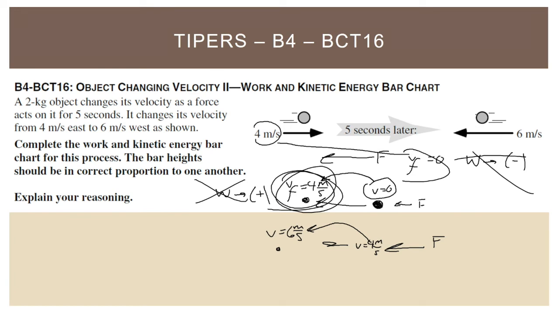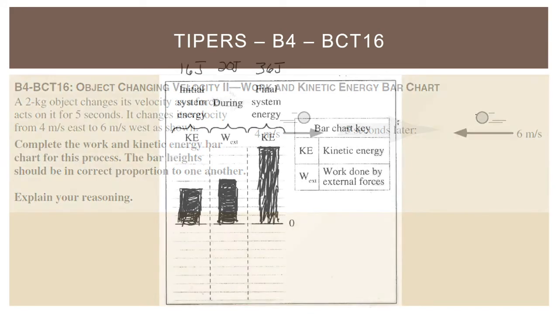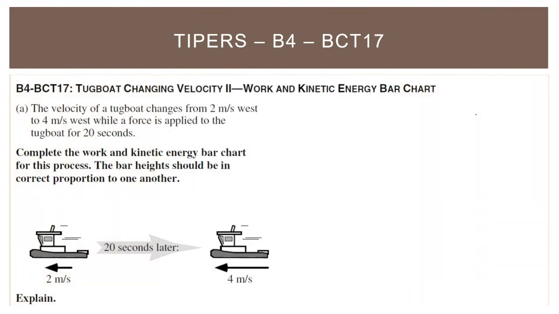Okay. So I'd like you to wrap up this discussion of energy bar charts by taking a quick look at the last two problems on this sheet. The last two problems on this sheet are two separate parts of BCT 17.